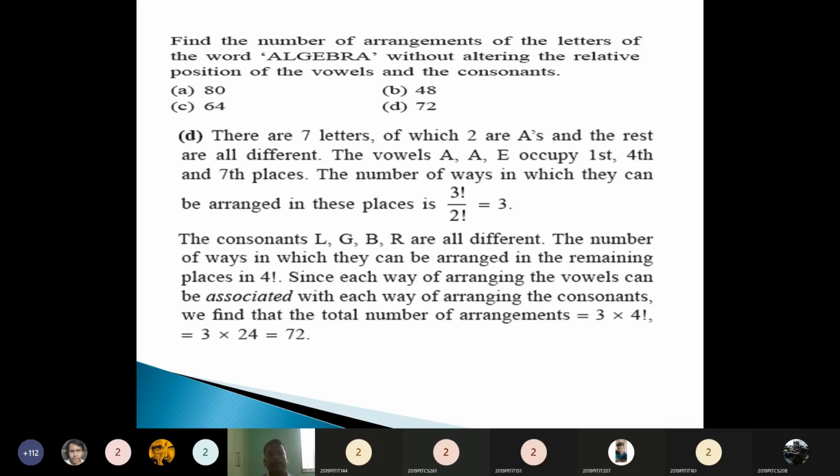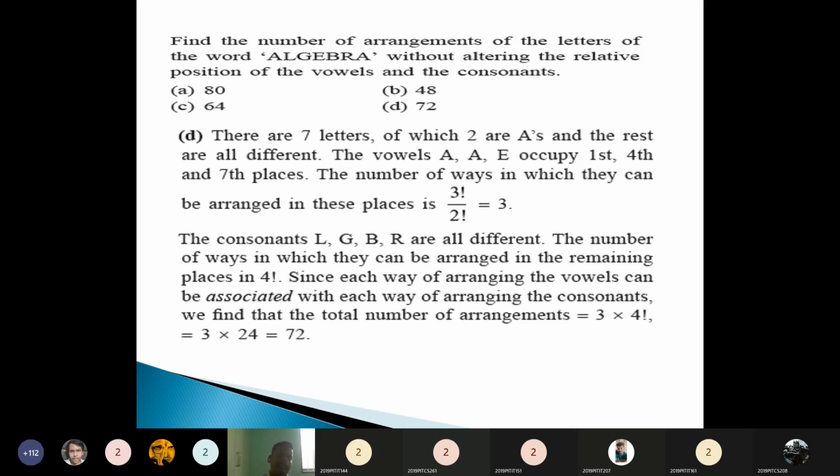But here 2 A's are there and the rest are all different. The vowels A, E, A occupy the first, fourth and seventh places.